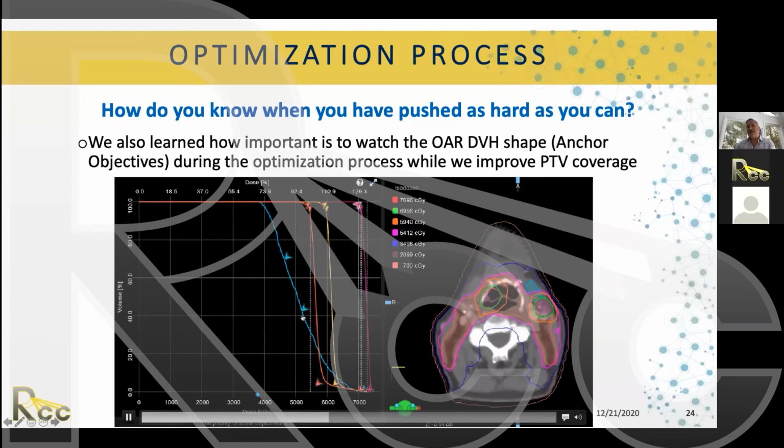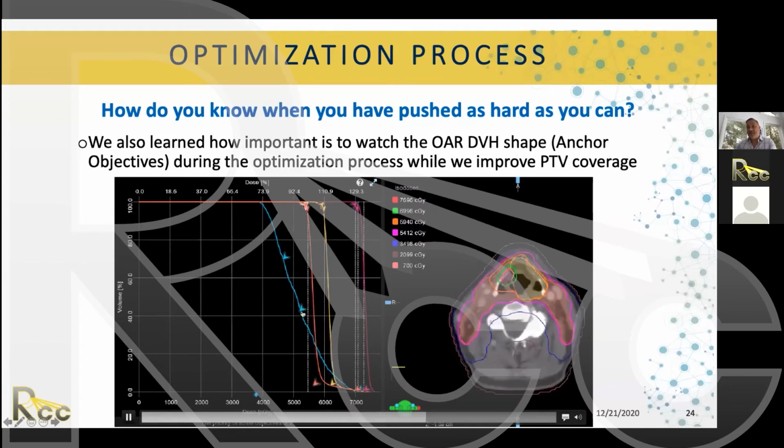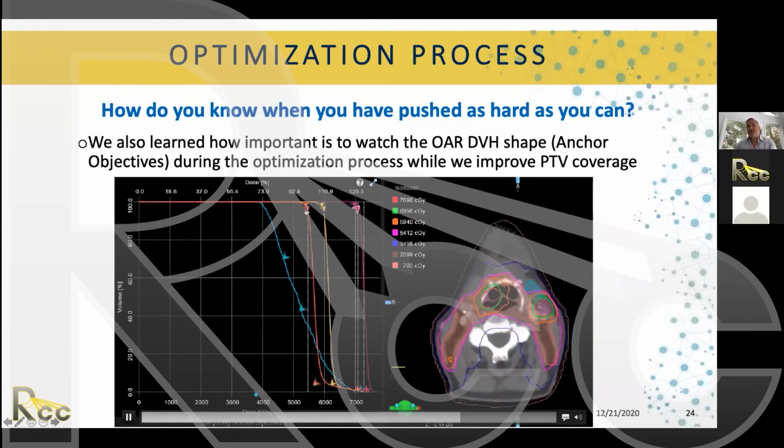The DVH is basically passing those anchor points and I wanted to keep them there because that was giving me a good OR sparing, but I'm ruining it because I'm trying to improve the coverage as much as possible. You can see how this submandibular is very close to these two PTVs, and you can see here how they've been ruined. Basically, I'm overcovering the PTV.